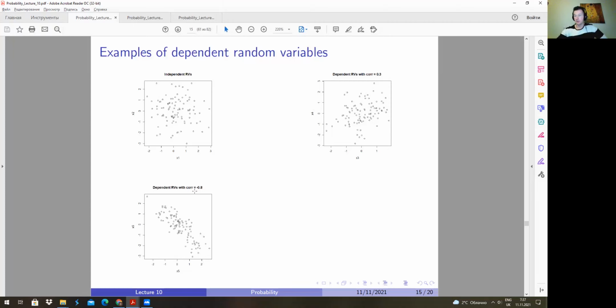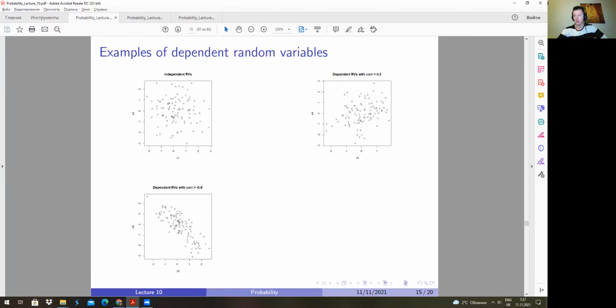So here we have a strong negative dependence between two variables, linear dependence, because it goes in this direction. You see that when x5 increases, x6 tends to decrease.